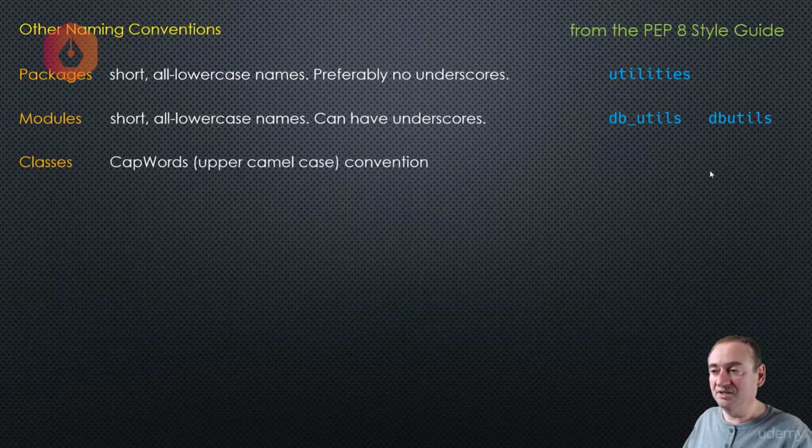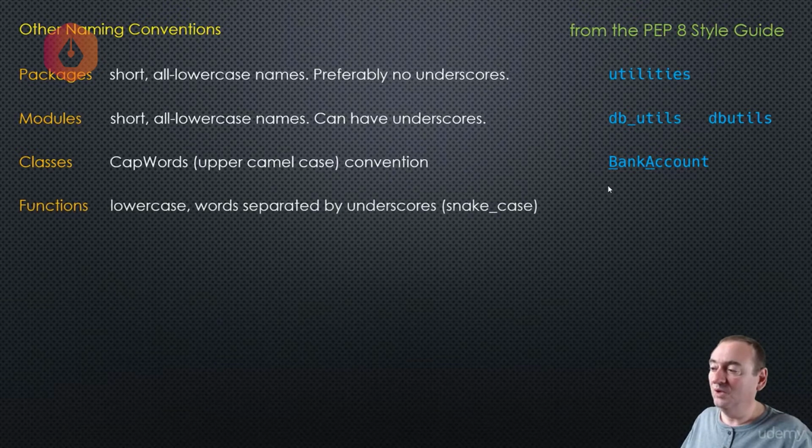Classes. Now classes is different. The convention there is to use cap words or upper camel case, which means that all the words are linked together. There are no underscores, but the beginning of each word is an uppercase letter, including the first letter. Functions should be lowercase, and the words can be separated by underscores, which is called snake case.